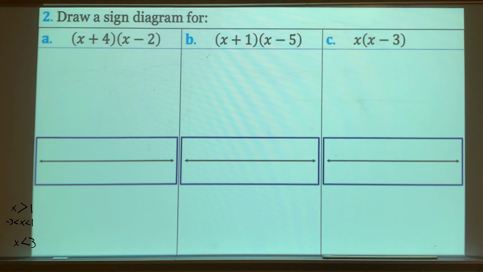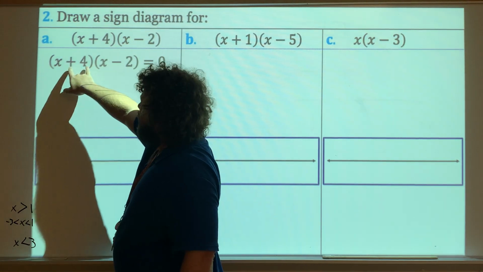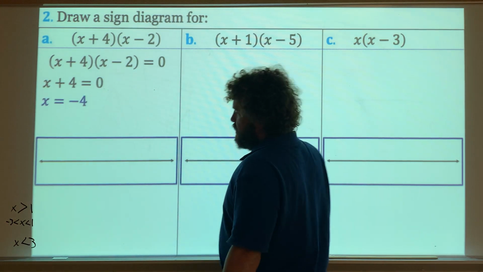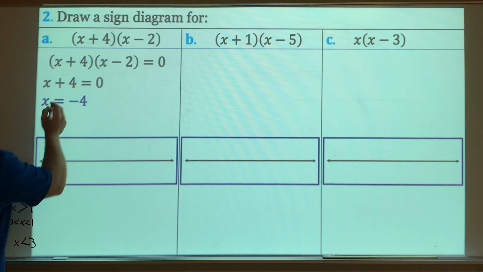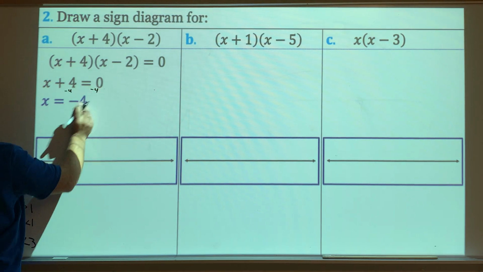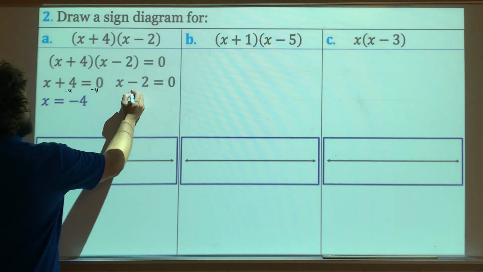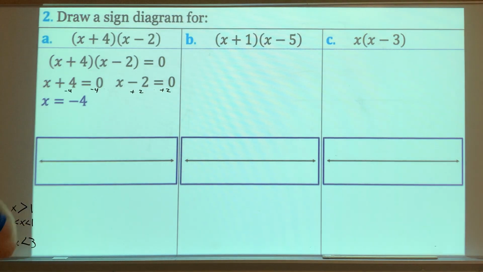Letter A. Set these both pieces equal to 0. X plus 4 equals 0. X minus 2 equals 0. So, when x plus 4 equals 0, first step you're going to do is subtract 4 from both sides. X equals -4. X minus 2 equals 0. You're going to add 2 to both sides. X equals 2.